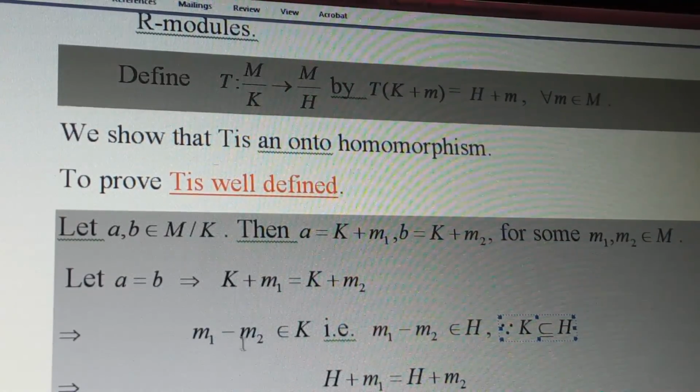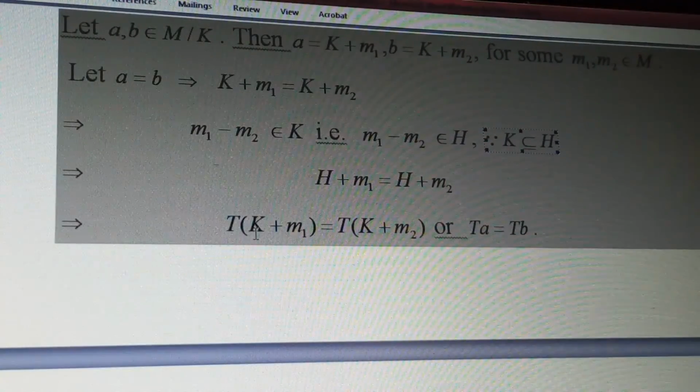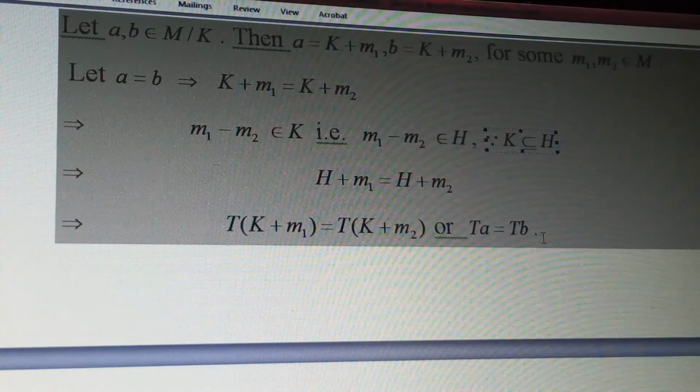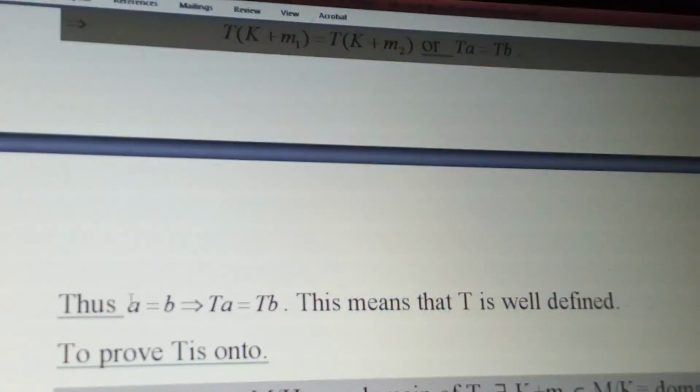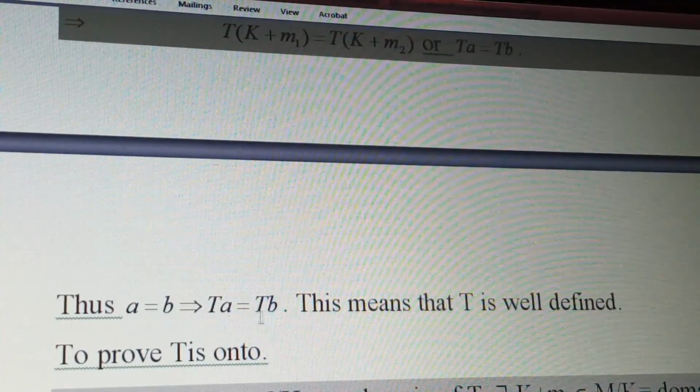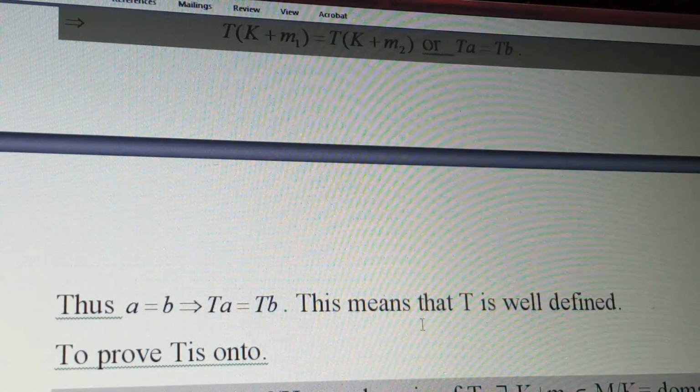So m1 - m2 belongs to K means m1 - m2 belongs to H, and applying the condition H + m1 = H + m2, we get T(K + m1) = T(K + m2), that is, TA = TB. Thus A = B implies TA = TB. This means that T is well defined.